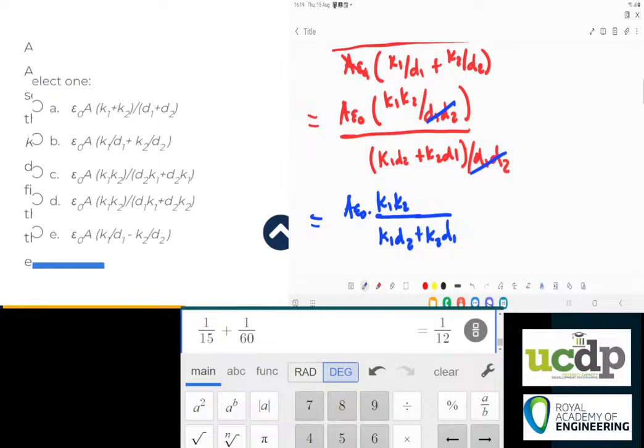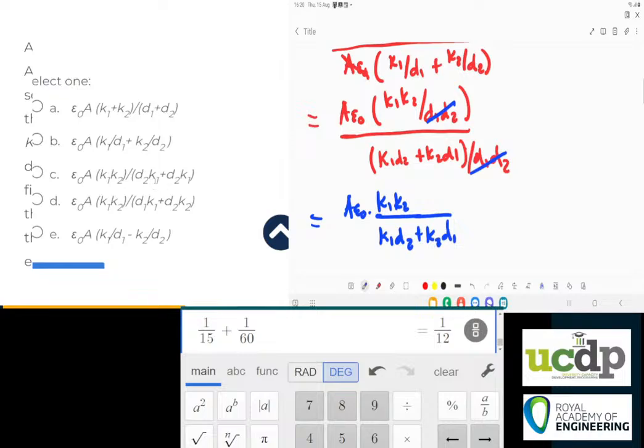But anyway, which one is our answer from the choices given there? Which one would be the best choice? I think is it C? C is our best choice. C AE not K1 K2 with D2 K1 plus D2 K1. Okay, so there's something wrong with D2.